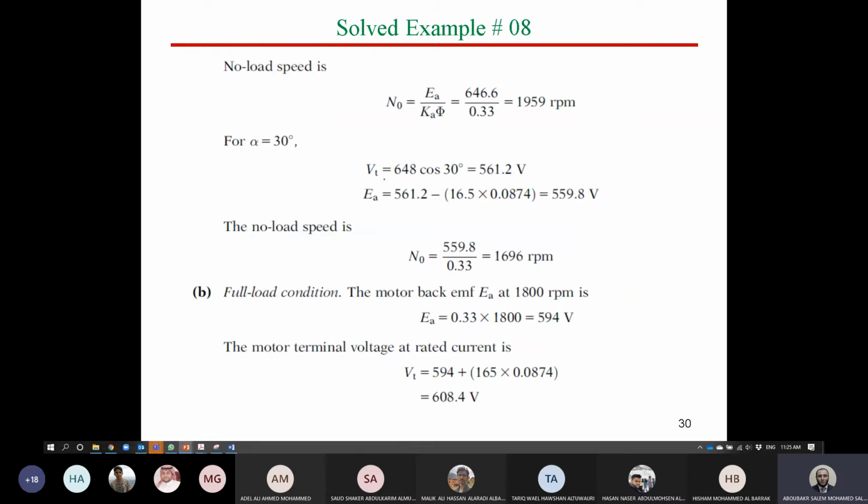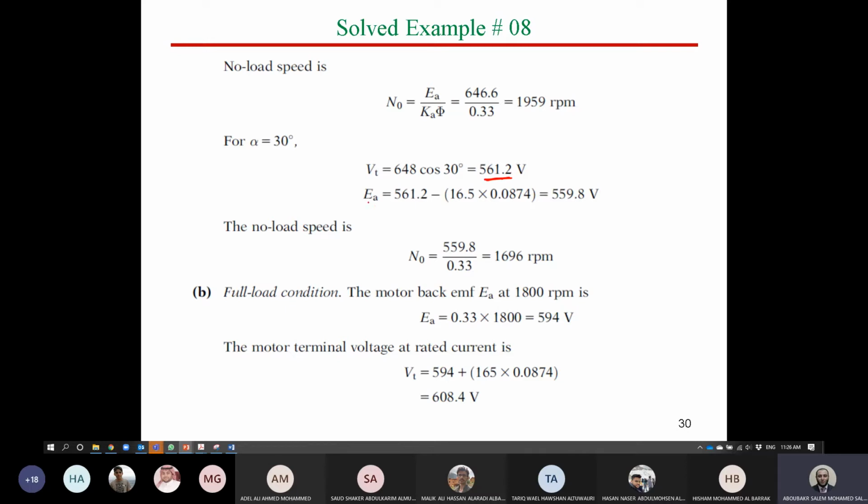Similarly, we can repeat at alpha equal 30. As you can see, at alpha equal 30, the output voltage is lower than the voltage at alpha equals 0. At alpha equals 0, the voltage was 648. As you can see here, the voltage is reduced. It's 561 volt.